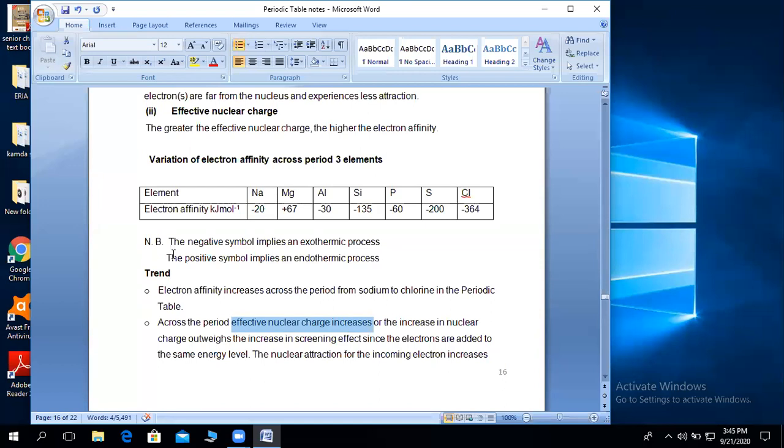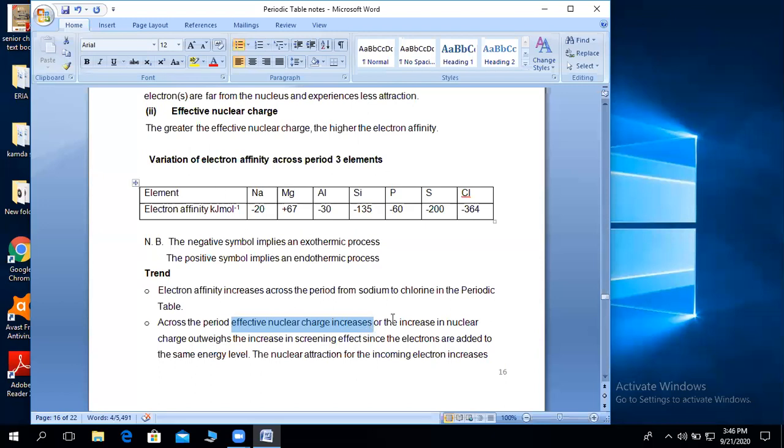Why does the nuclear charge increase? The nuclear charge increases because the number of electrons are increasing, and you know the number of electrons in a neutral atom are equal to the number of protons. For example, in our O level, you remember that sodium has 11 protons, neutral atom, but magnesium has 12 protons. So the nuclear charge increases, but also the screening effect increases.